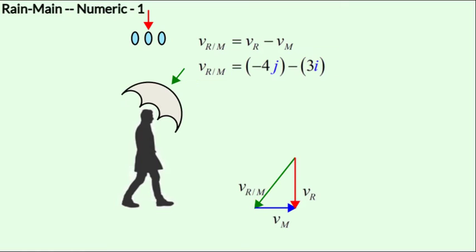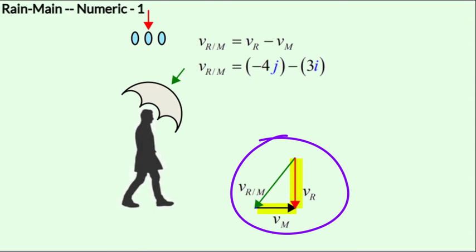So the magnitudes and directions of VR and Vm are known here, and we need to find the magnitude and direction of VR with respect to M. Since the rain falls vertically and the man walks horizontally, this will form a right angle triangle and should be easy to solve.